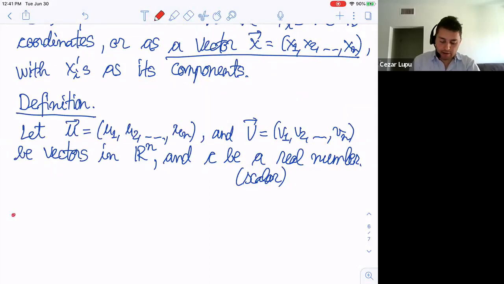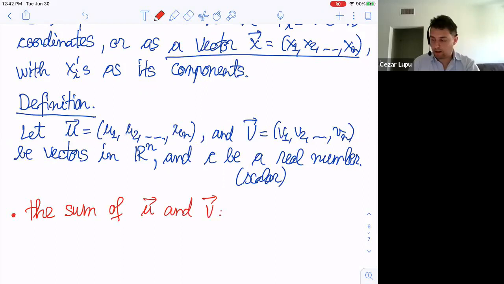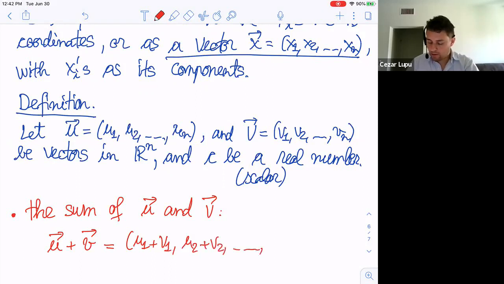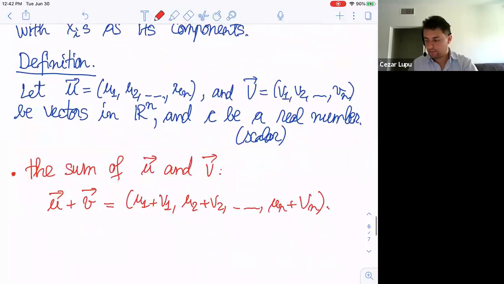Now we define the sum of U and V. The sum of the two vectors will be nothing else than just U vector plus V vector, which is U1 plus V1, U2 plus V2, through Un plus Vn. So we just add the components. That's what we do. We add two vectors, we add their components. So that's the sum.